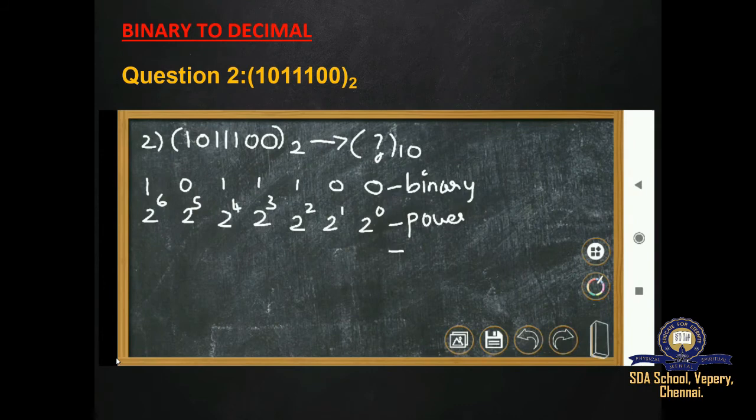Now we are going to find the value for each power. 2 power 0: anything to the power 0, the answer is 1. Now 2 to the power 1, we get the same 2. Next will be the power 2. So 2 into 2 we get 4.